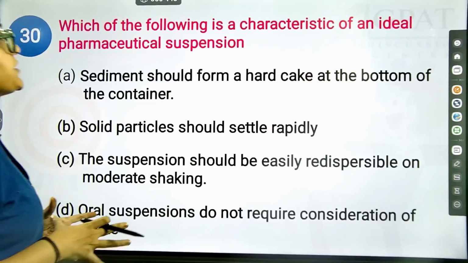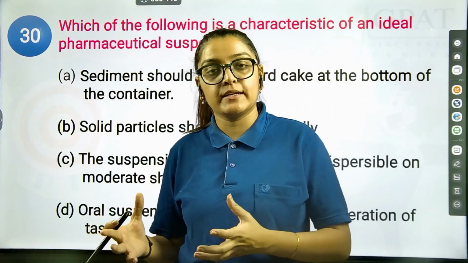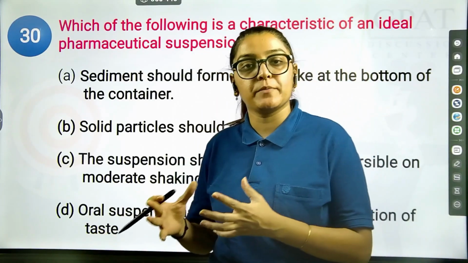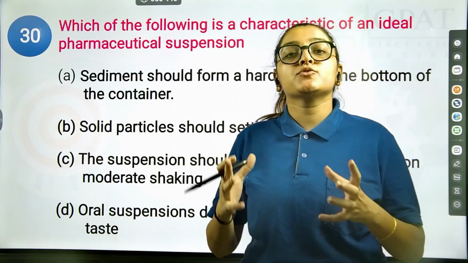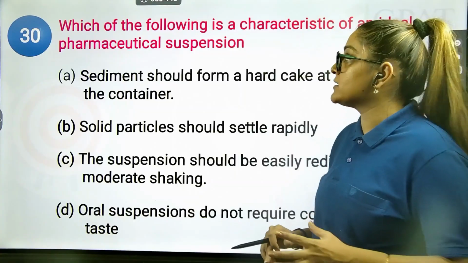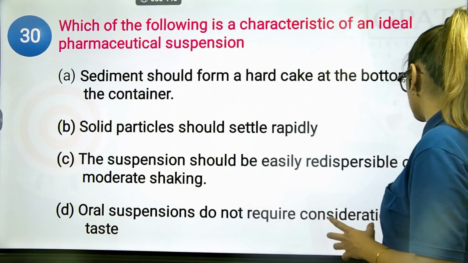So for an ideal suspension, it is obvious that it is a biphasic system where we have a dispersed phase and a dispersion medium. So maintaining it so that it does not form a hard cake is very, very important. But here it is mentioned that the suspension should be easily redispersed on moderate shaking.